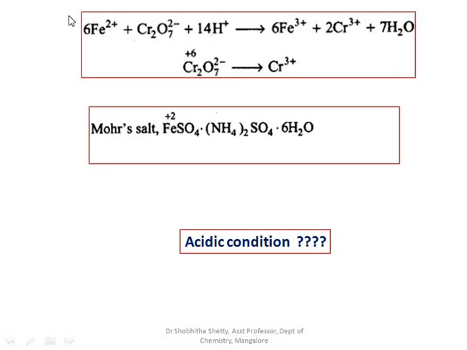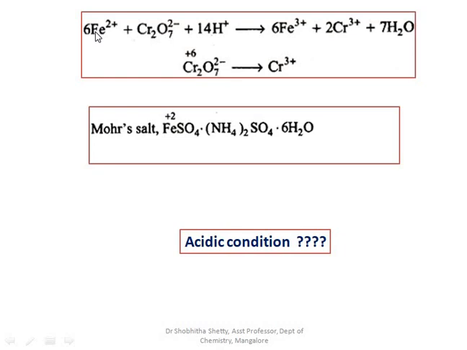But once all the ferrous ion in the Mohr salt solution gets oxidized to ferric form, then what happens? If you add potassium dichromate, whatever dichromate you add remains in the beaker, because there are no more ferrous ions to react.